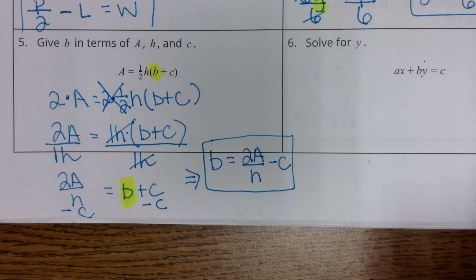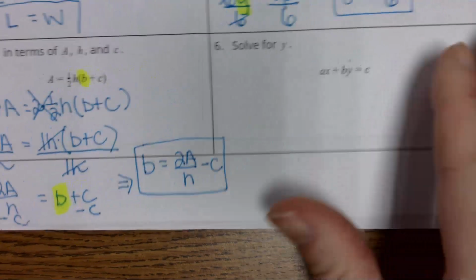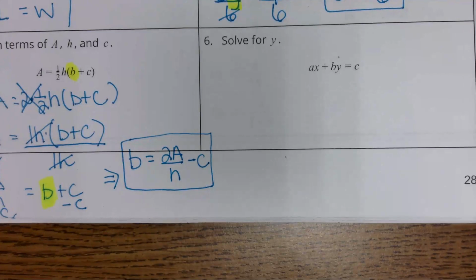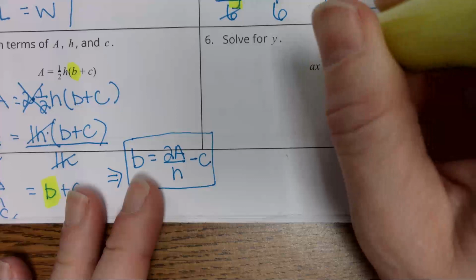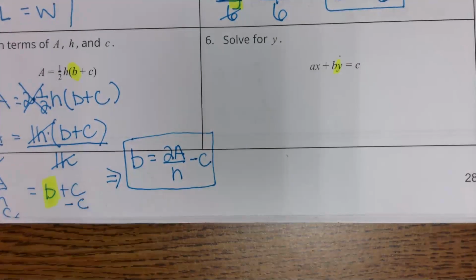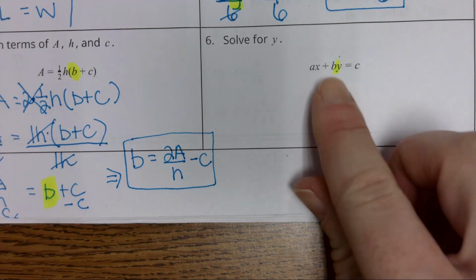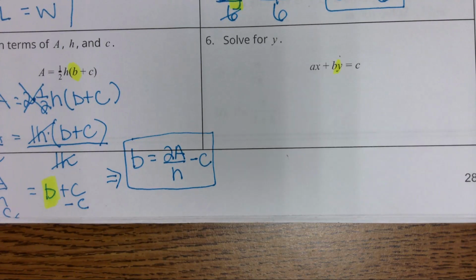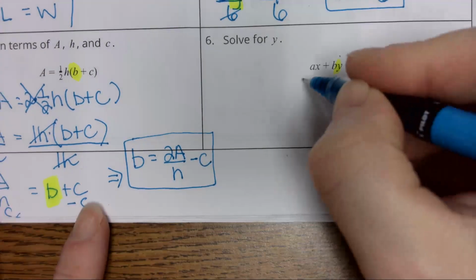Okay, last one, and then we're going to do some practice together. Solve for y. Okay. So the very first thing I'm going to do is I see this plus ax over here. So I am going to subtract ax from both sides.